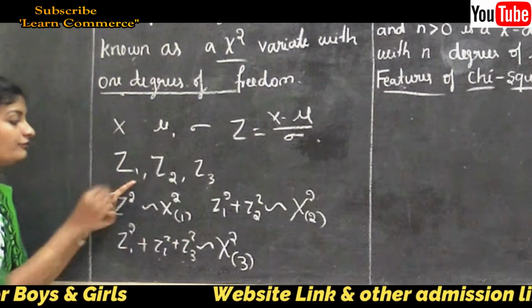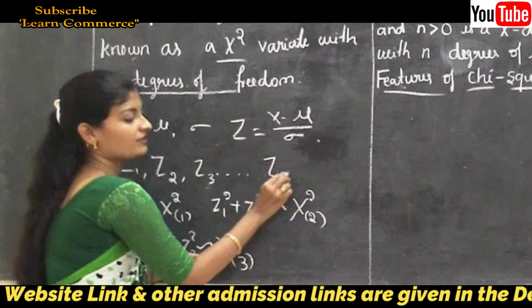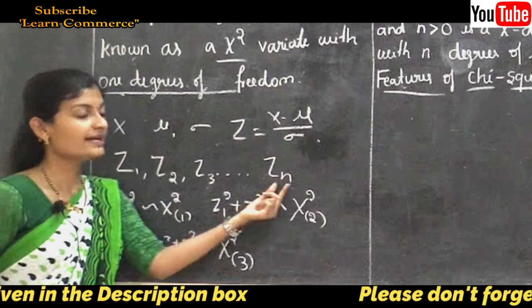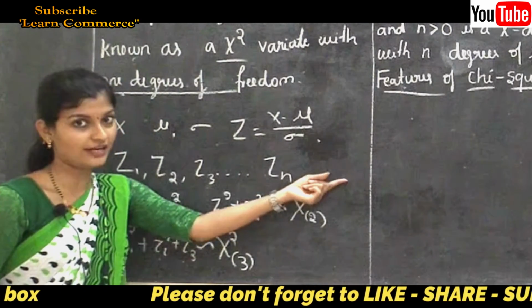Now if it is n number of observations, z1 comma z2 comma z3 up to zn, these are independent standard normal variates.